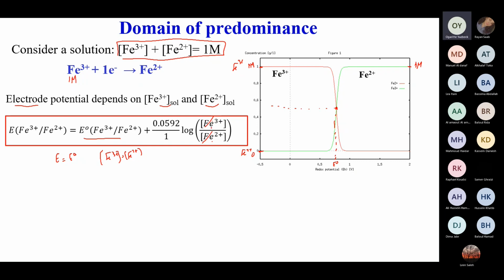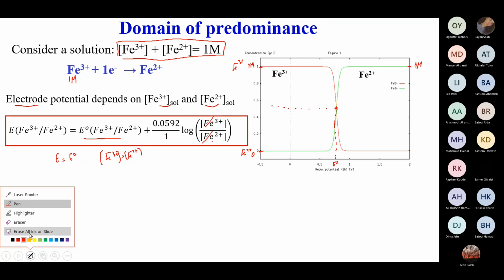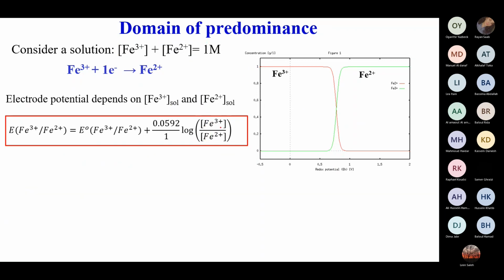As my Fe3+ concentration decreases, the numerator is decreasing, which means the log value is becoming lower, and that means the E is going to be less.